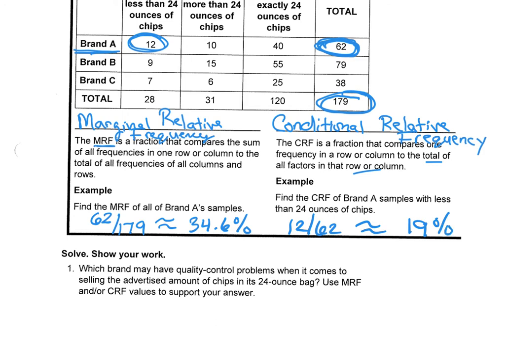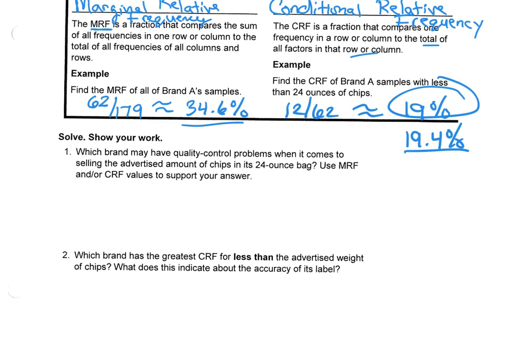12 divided by 62. Let me double check on that one. I rounded the first one to the tenth, so I should probably on this one. 12 divided by 62. We could say 19.4 if we wanted to round to the nearest tenth of a percent. If we rounded to the whole, it'd be 19, depending on what your directions say.